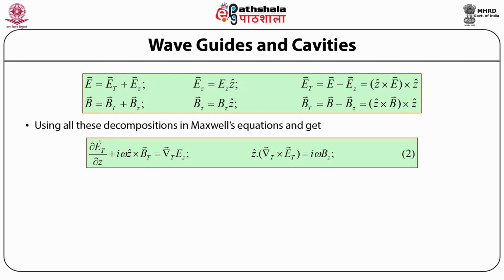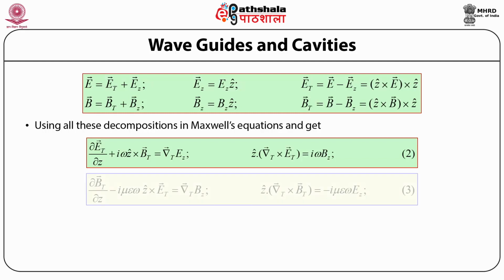Similarly, the dot product of unit vector z with the curl of the transverse del operator and the transverse component of the electric field vector is equal to i omega times the z component of the magnetic field induction B.